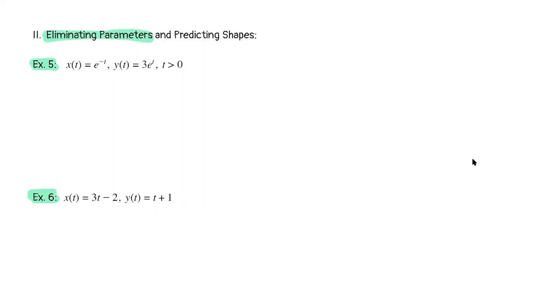But just because we see the t's doesn't mean we need to panic here, and just because we see exponentials doesn't mean we need to panic. Let's actually take a few ideas on how we could get rid of the t's, okay? So anybody have any potential ideas on how to get rid of the t's in example 5? Natural log.